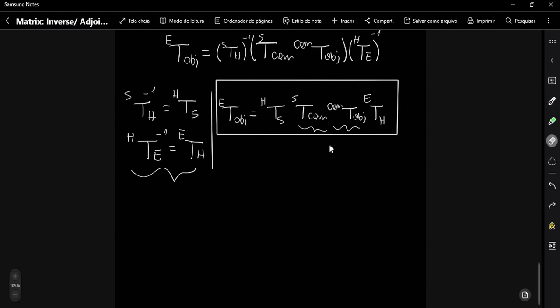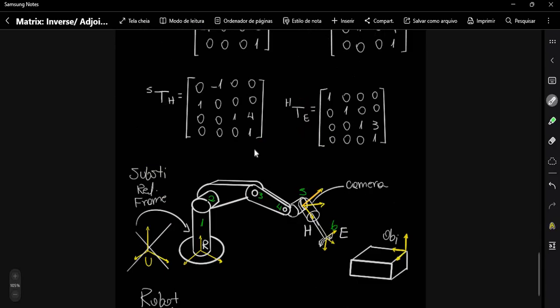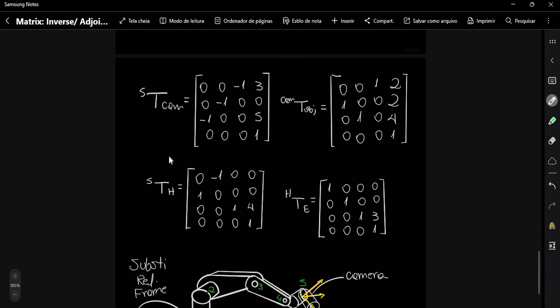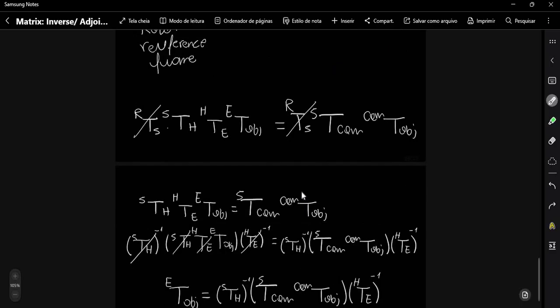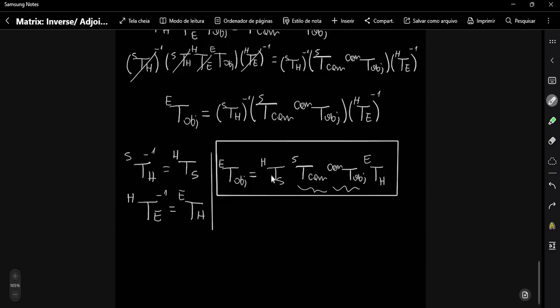And the example also provides to us the matrices of these transformations right here. But as we use this property to get rid of the superscript and we switch the frames, they are going to be different.